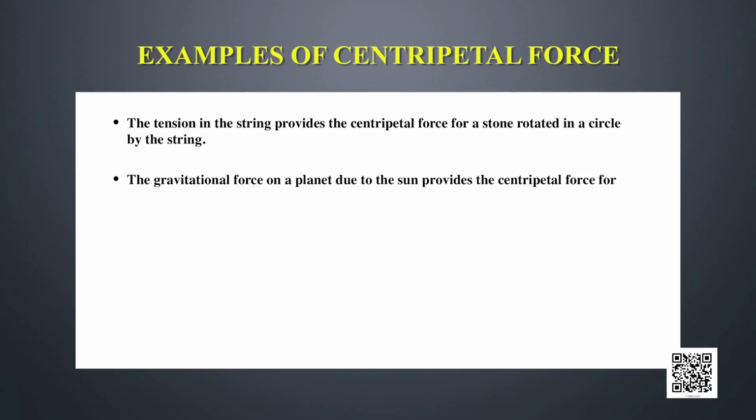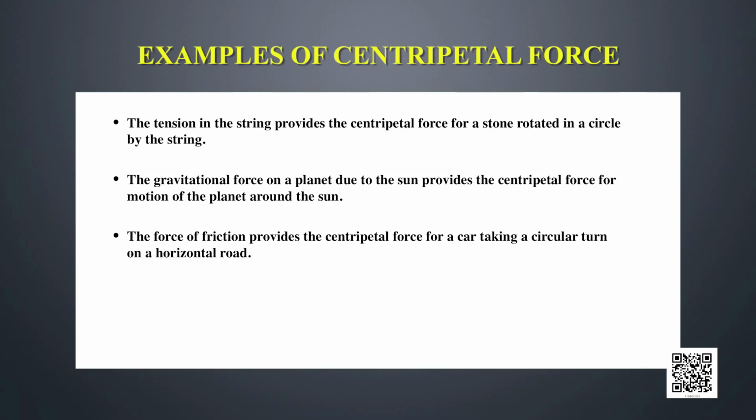The tension pulls the stone towards the center of the circular path, providing centripetal force. The gravitational force on a planet due to the sun provides the centripetal force for the motion of a planet around the sun. Likewise, the satellites are pulled towards the planets for their circular motion with gravitational force.